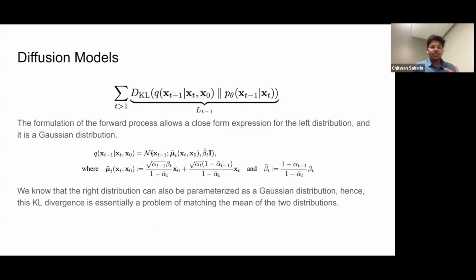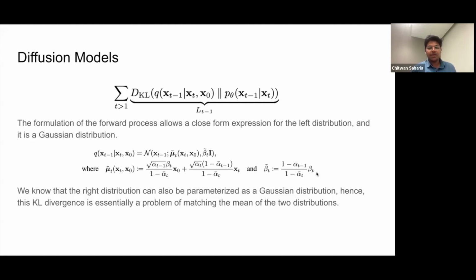And again, just because of the way we formulated the destruction process, this distribution on the left side also turns out to be a unimodal Gaussian distribution. And this is the functional form of that. It's a little bit complex, but it's easily derivable from the forward process formulation. And as you can see, the variance is actually pre-specified.